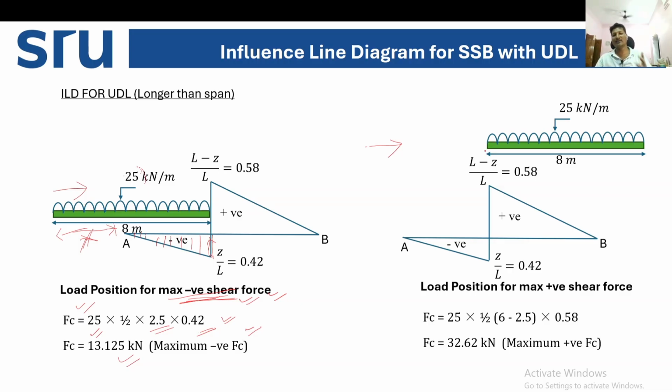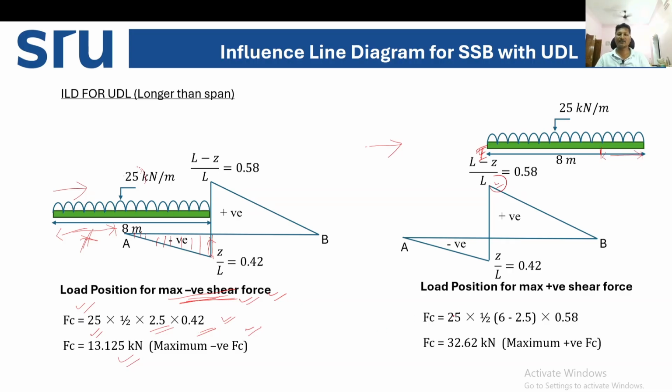Then only we'll get the maximum positive shear force. So the tail of the UDL should be on the maximum coordinate of the influence line diagram, and it will continue up to B, and the extra part will be beyond point B.